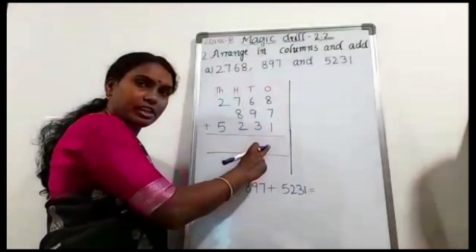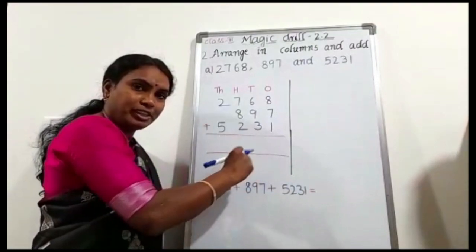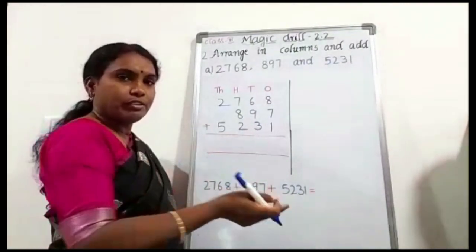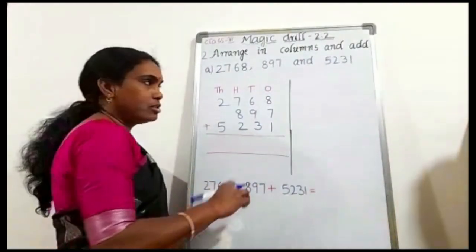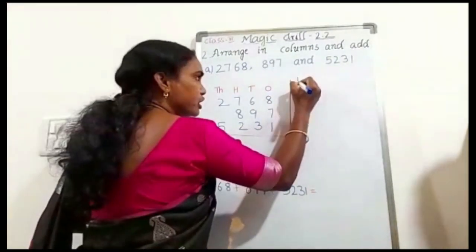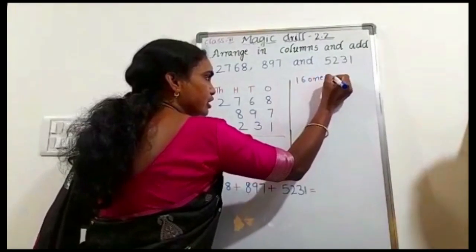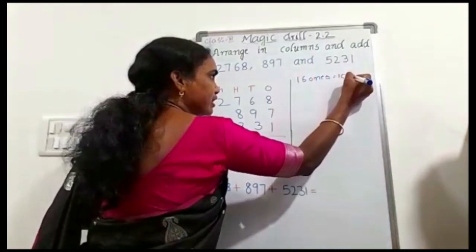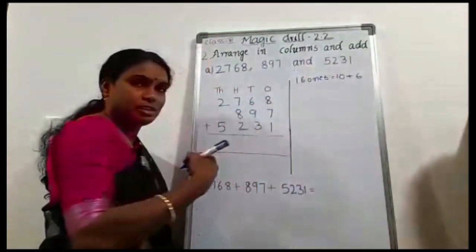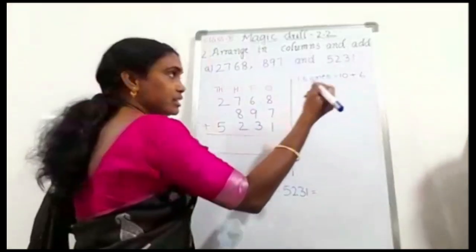Do we write 16 here directly? No. Why? Because only digits 0 to 9 can fit in the ones place. So we can write 16 ones as 10 ones plus 6 ones.